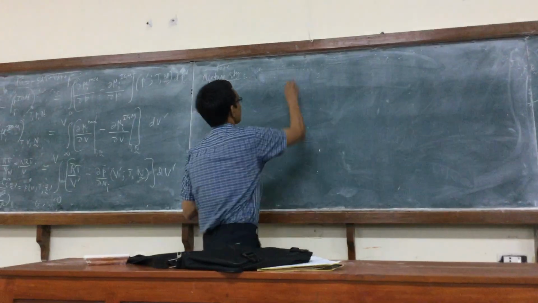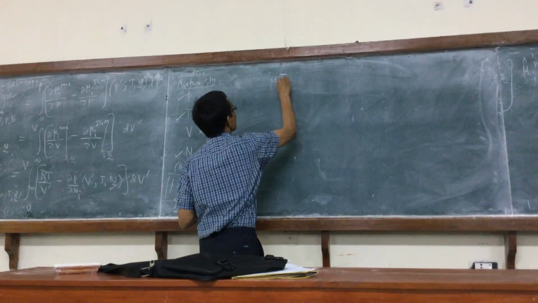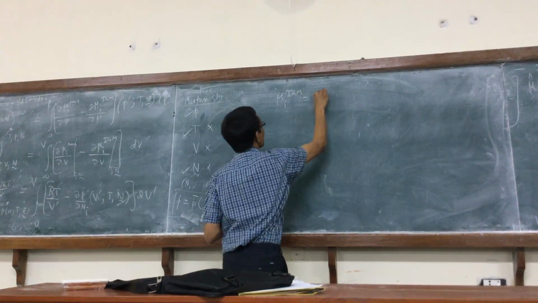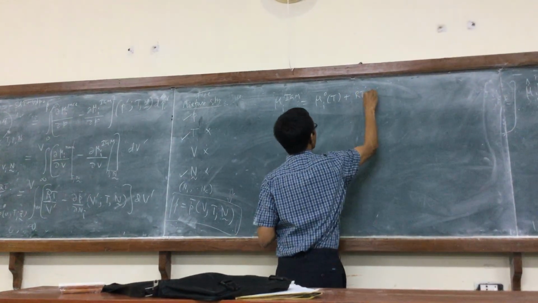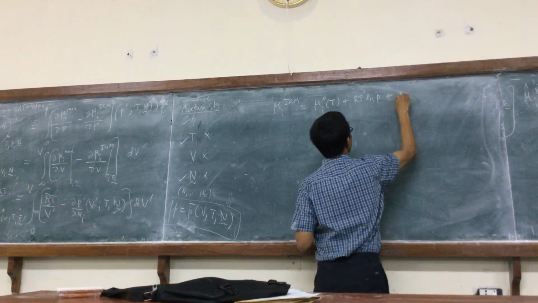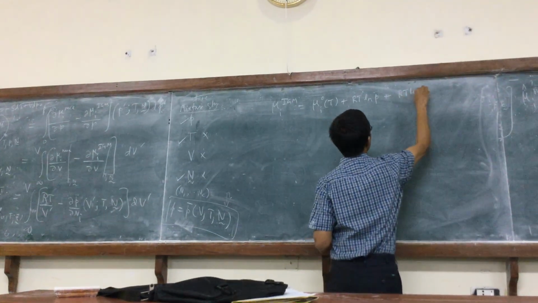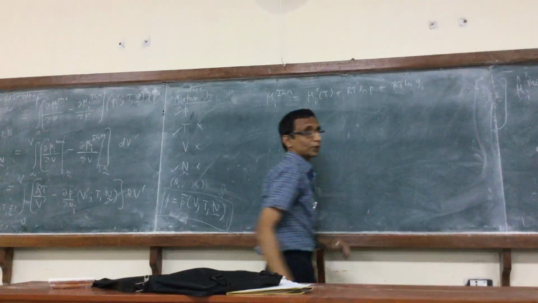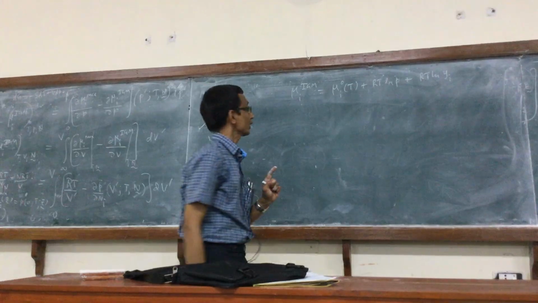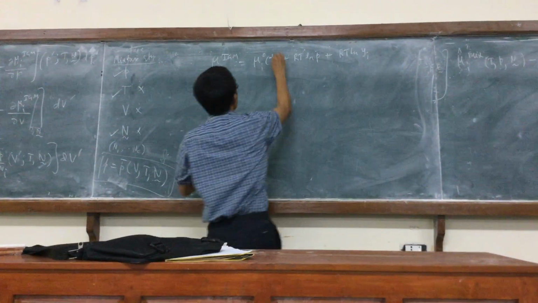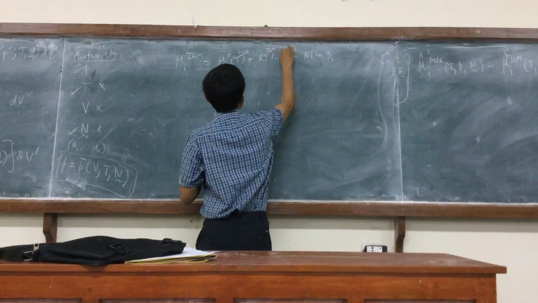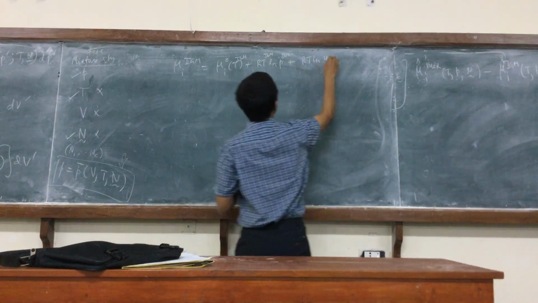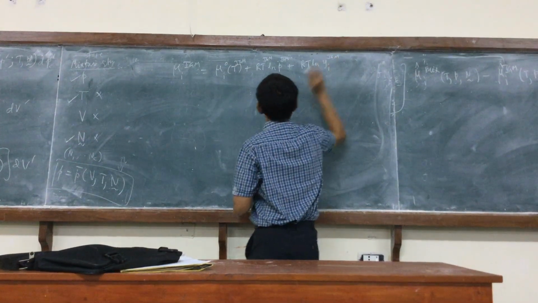So let's now write the expression for the ideal gas. Now I have to be very careful. All of these correspond to the ideal gas mixture; this is the function I am going to use.